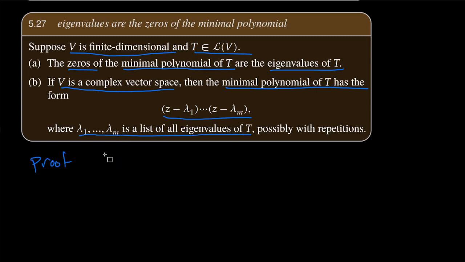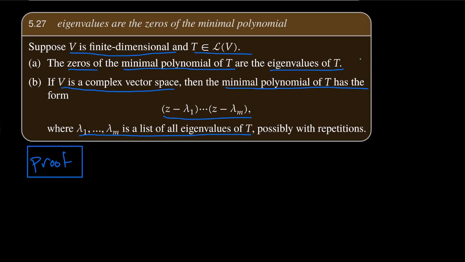So notice the observation that will help us is this second one. Basically the idea is that last time we showed that an operator has at most the dimension of V eigenvalues. So if we show that the zeros of the minimal polynomial are the eigenvalues of T, then, at least in the case where you can factor a polynomial all the way out, we have as many eigenvalues as the degree of the polynomial.